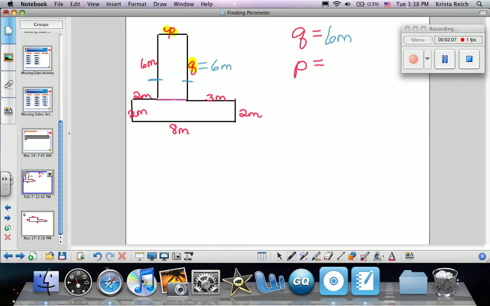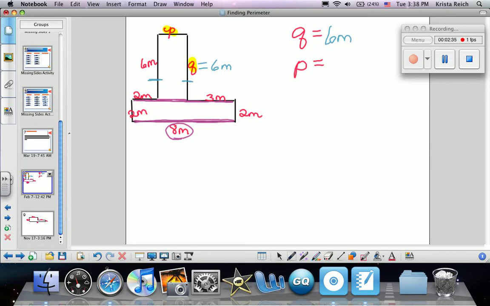Now, I notice here that at the bottom, this line right here is 8 meters. If this line right here is 8 meters, then isn't this line 8 meters as well? It is, it should be.